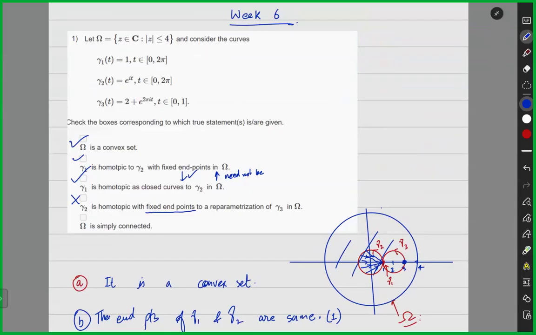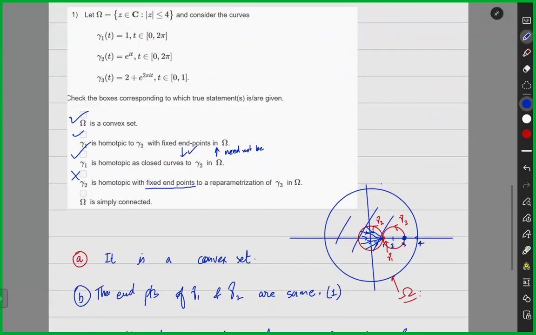You can also use some logic if you are able to understand what I'm telling. Omega is simply connected. You agree with me because it is a convex set. Convex sets are simply connected. We can give linear homotopy to constants, just like gamma 2 is homotopic to gamma 1 and gamma 1 is constant.